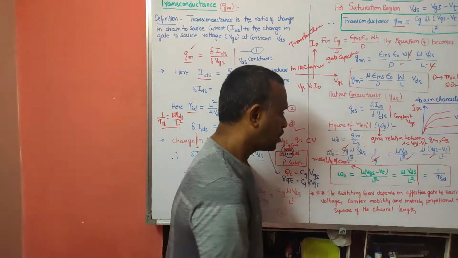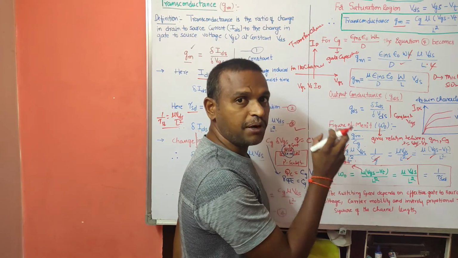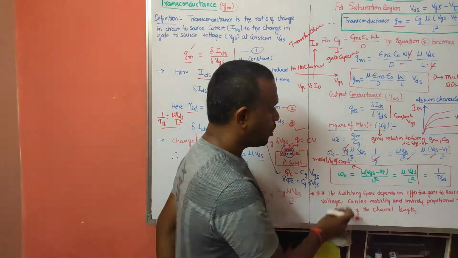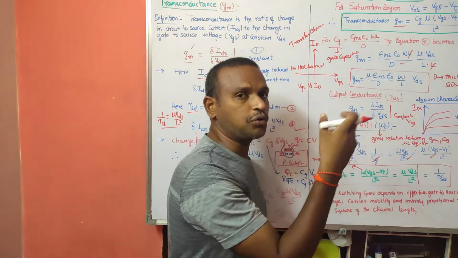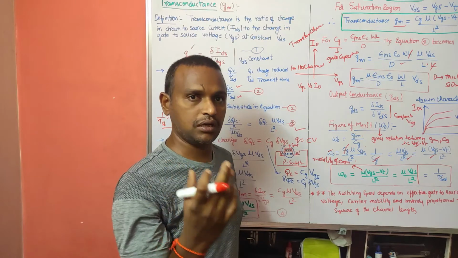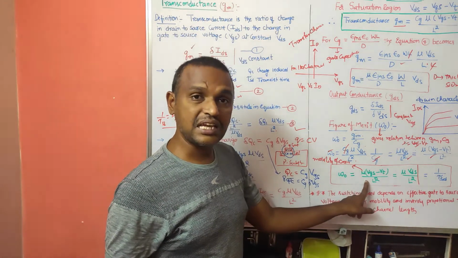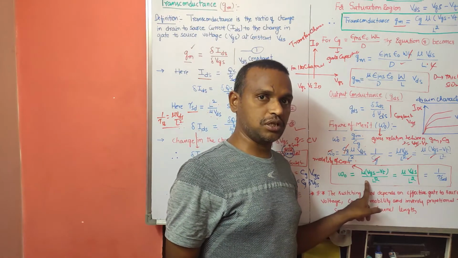The switching speed will be directly proportional to the mobility and the effective gate voltage. Effective gate voltage is nothing but Vgs minus Vt. So these two are directly proportional to omega naught, but it is inversely proportional to the square of the length of the channel, right?